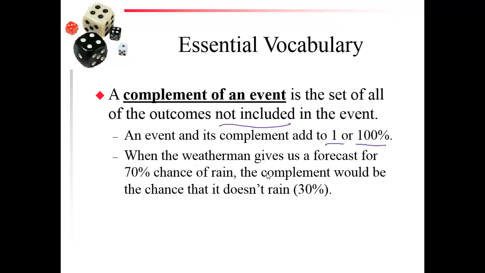So the example is when the weatherman gives us a forecast for 70% chance of rain, the complement would be the chance that it doesn't rain, which would end up being 30%, because 70% plus 30% equals 100%. So the event, it raining, and its complement, it not raining, have to add to 100%.